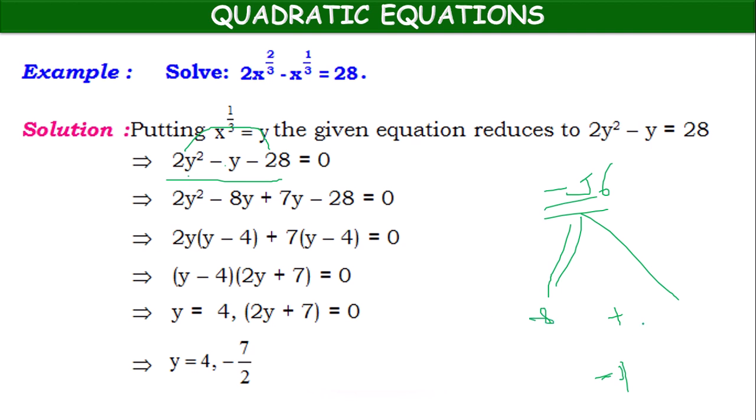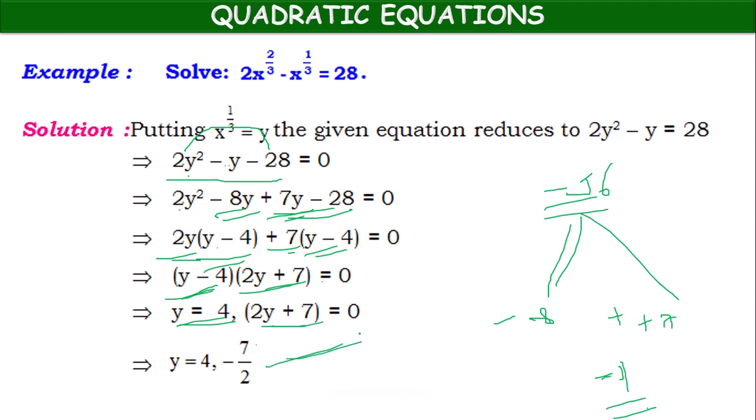We can write it as 8 sevens are 56, but sum is minus 1, so minus 8 plus 7. So we can write y as minus 8y plus 7y. From these two, 2y common, y minus 4. From these two, 7 common, y minus 4. Again, y minus 4 common, 2y plus 7, or y equal to 4, y equal to minus 7 by 2.